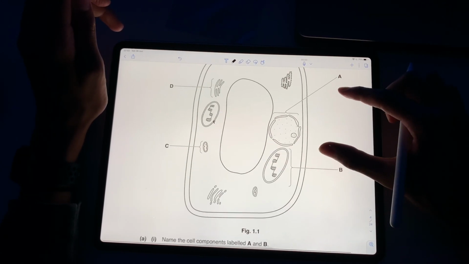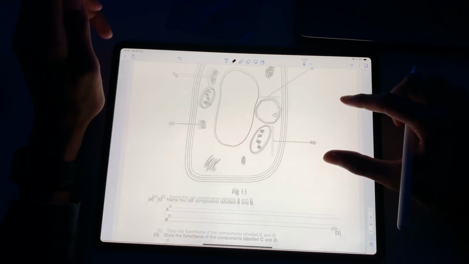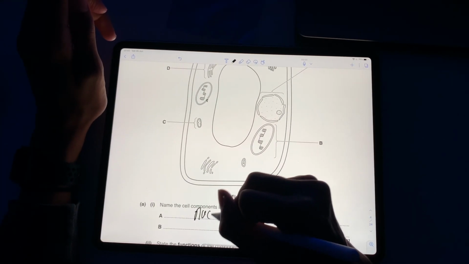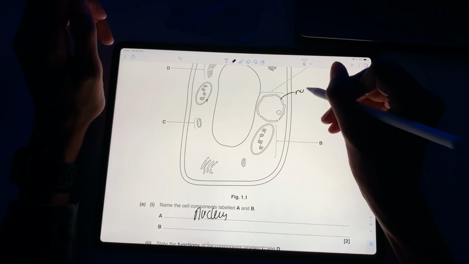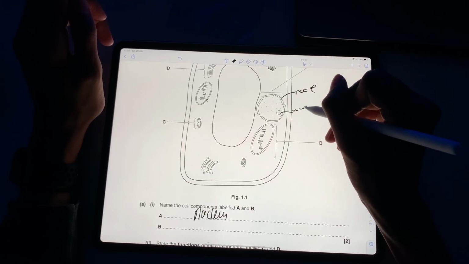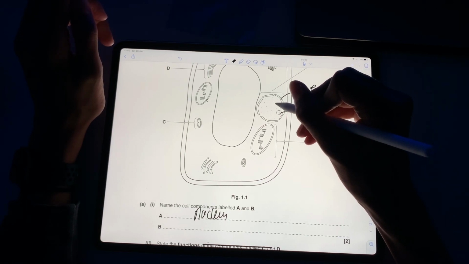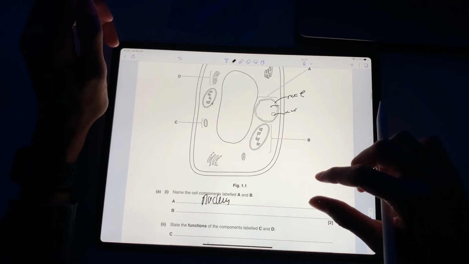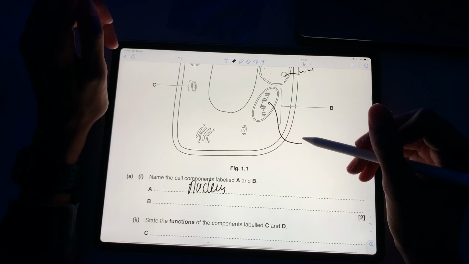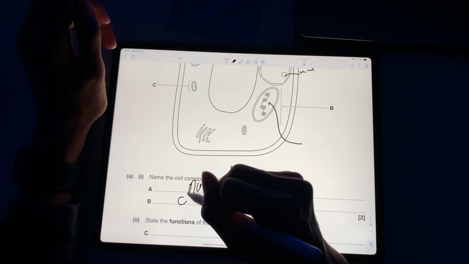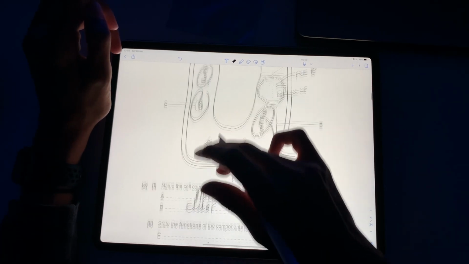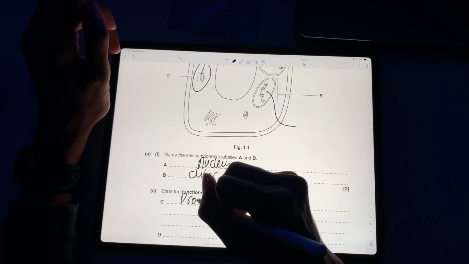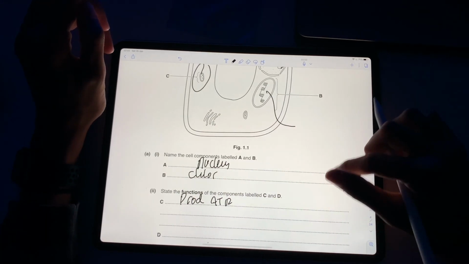Name components A and B. A is the nucleus. Was that the nuclear envelope? That's the nuclear envelope. E, and that's the nucleus. And those are the pores. I don't know. B is chloroplasts. State function C. C has to be mitochondria, produce ATP. I'm not going to write in full sentences.